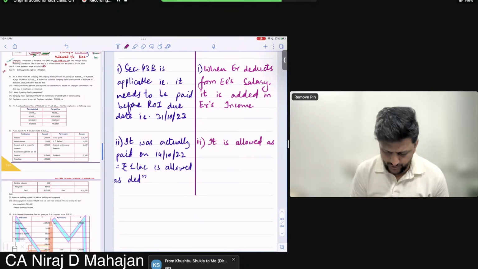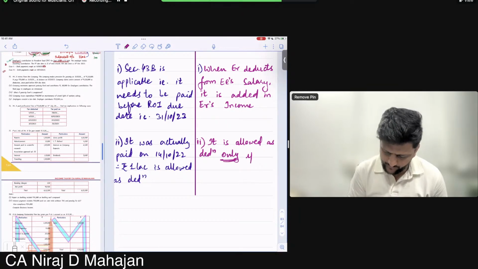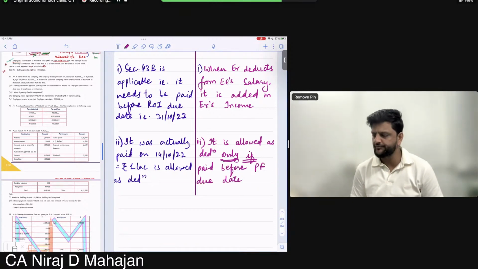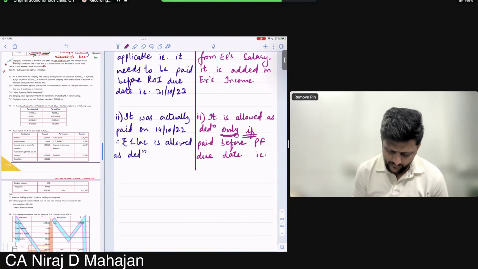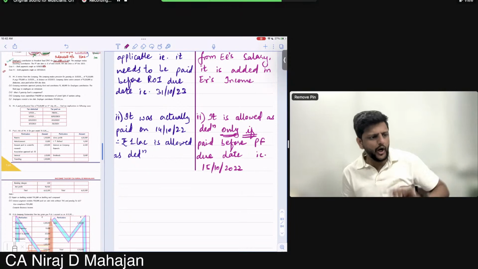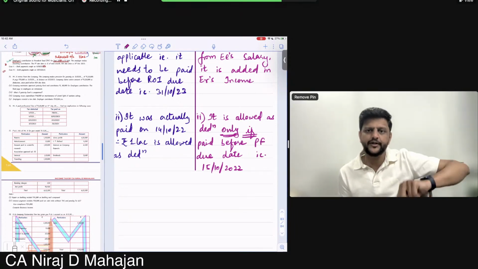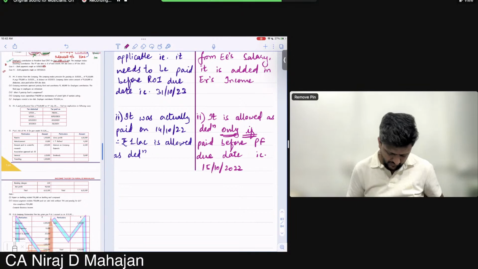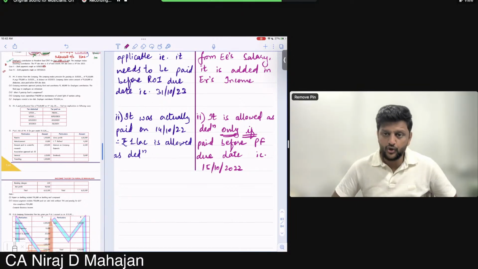It is allowed as deduction only if paid before the PF due date, that is 15th October 22. Very important. That means your own money you can pay up to the ROI due date, but somebody else's money you deducted, you must pay within the due date of PF. Understood or no?